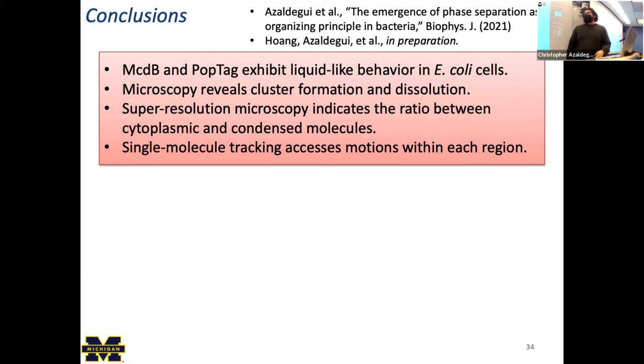So we've been using just standard fluorescence imaging to reveal the cluster formation and dissolution showing the reversibility of these organelles, which is consistent with our hypothesis. And then using super resolution to quantitatively get the ratio between the cytoplasmic fraction and the condensed fraction of these two-phase systems, as well as using single molecule tracking to access the motions of these different regions inside of the cell.